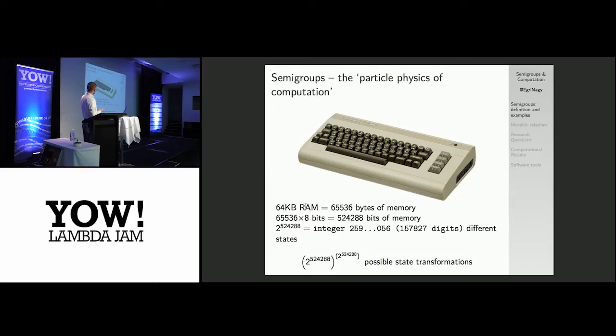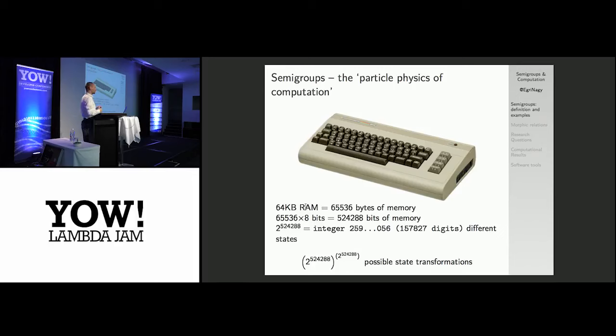So just a rough calculation: if you have 64K of RAM, how many bits do you have? It turns out that it's slightly more than 500,000 bits of memory. So that means that this machine can be in 2 to the power 500,000 different states, okay? So that's my n. So what's the size of the full transformation semigroup?